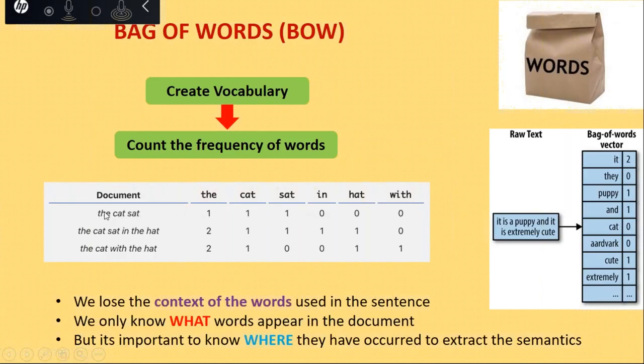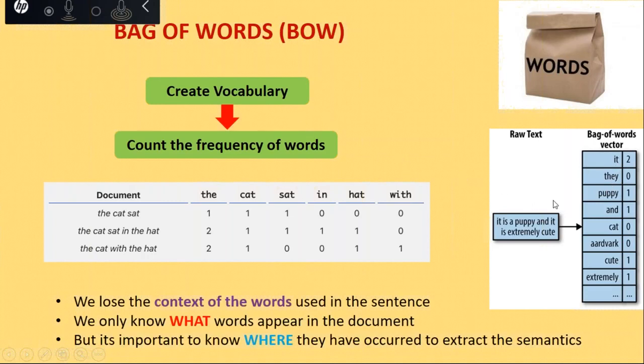Here the word the is repeated one time, cat is repeated one time, and sat is repeated one time. Similarly, in this sentence the word the appears two times and the rest of the words appear one time. Similarly in the third sentence also. Even in this diagram, you can see the raw text and the bag of words vector. So these are the methods to convert words into vectors.